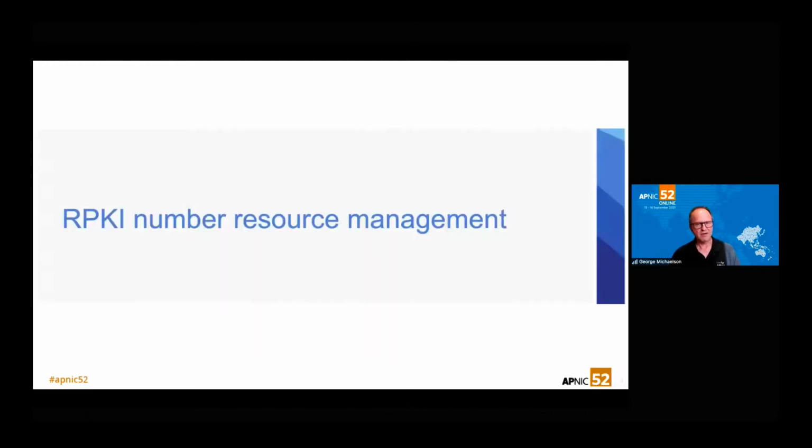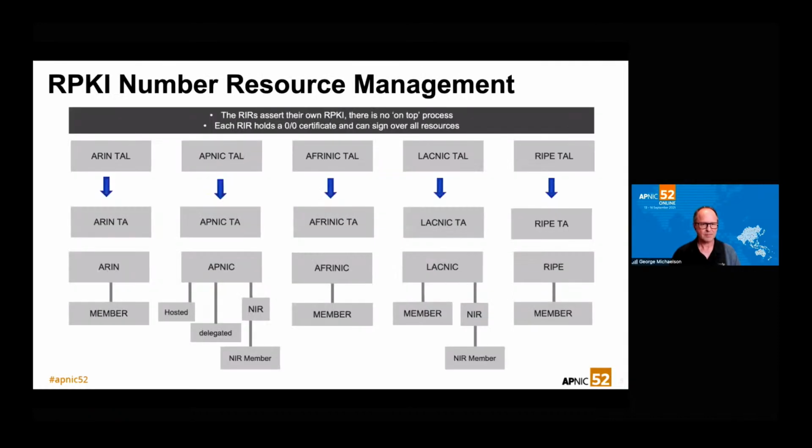This talk, however, is about RPKI, number resource management, and it's a little different. In RPKI, the RIRs assert a top-level structure, which we can call the TAL, or Trust Anchor Locator. And this is the top-level reference for all the things that become part of RPKI assertions.